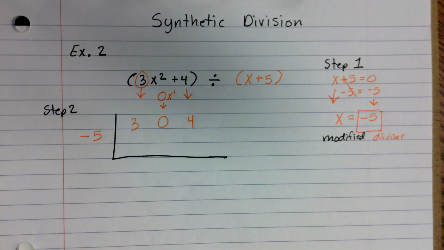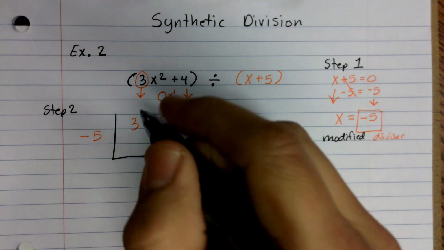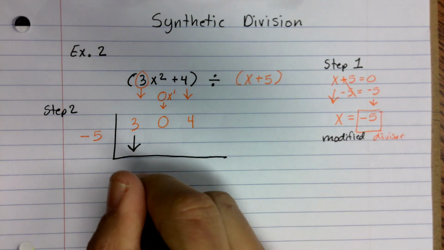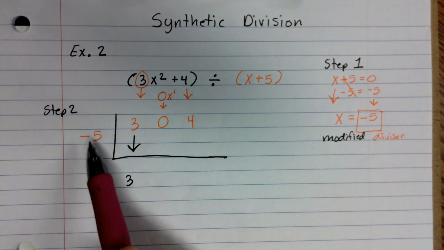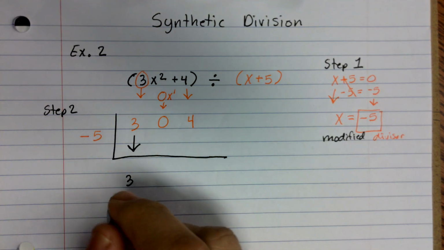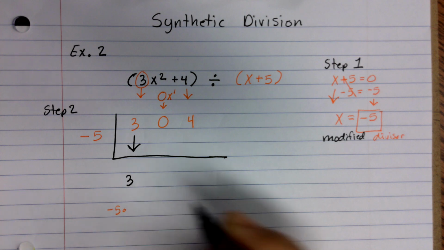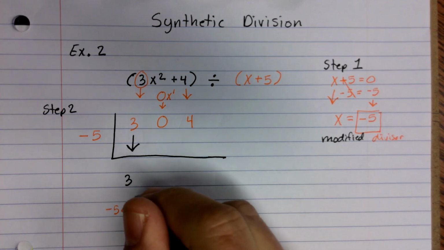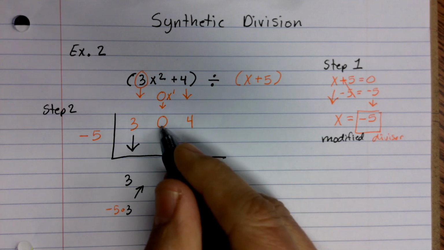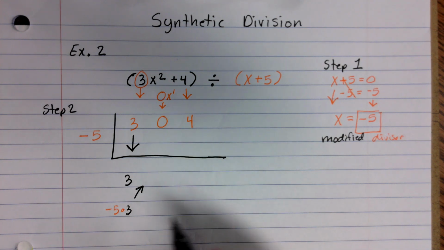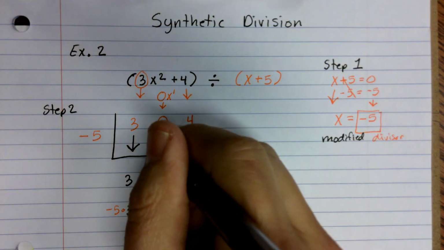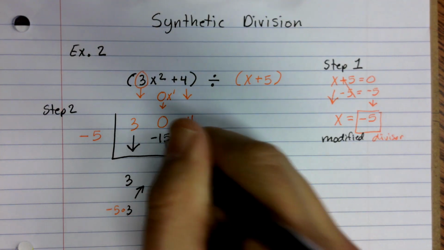And we're going to start this just the way that we started the other one. I'm first going to bring this down, so this becomes 3. Now what I want to do is take my modified divisor, and multiply that -5 to this 3, and then write the answer up at top right here. So -5 times 3 is going to be -15. Underneath this, I'm going to write -15.